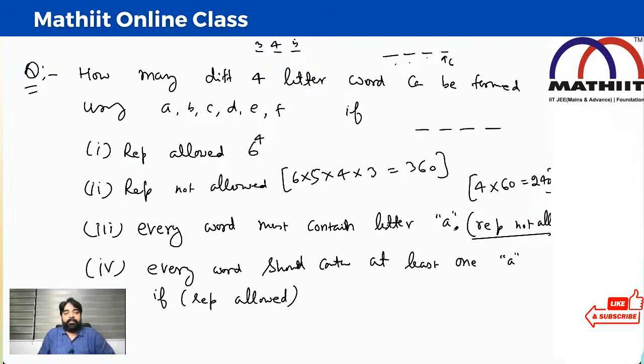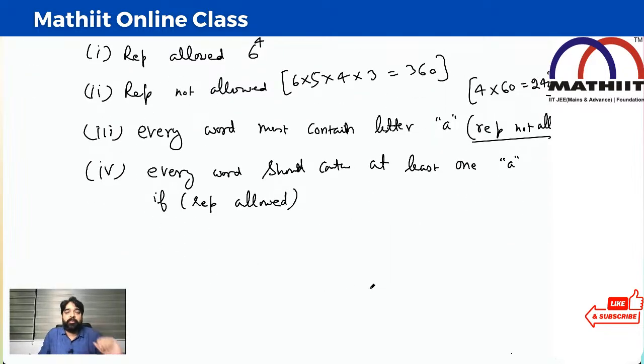Yes, no? And fourth bit. That is the question where you people were facing problems earlier. Every word should contain at least one A, if repetition allowed. If repetition is allowed, 100% sure, total number of words will be 6 power 4, minus those many words I will remove. If you have to remove the cases, you have to subtract.